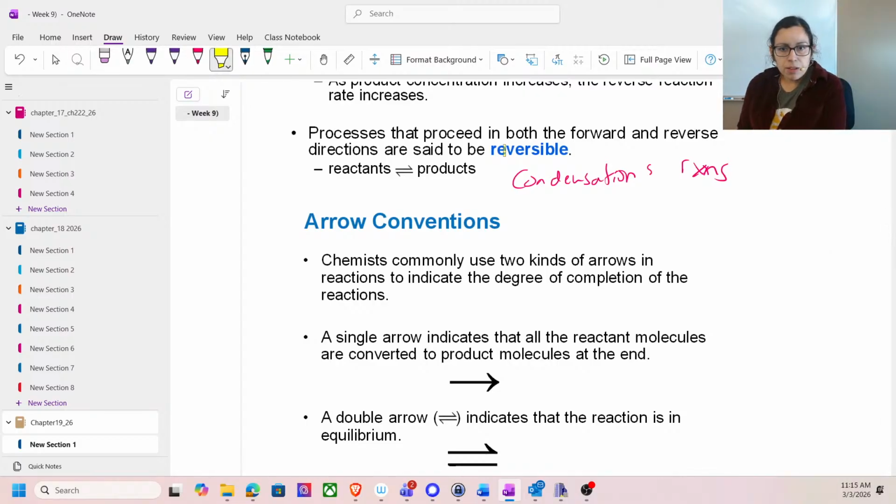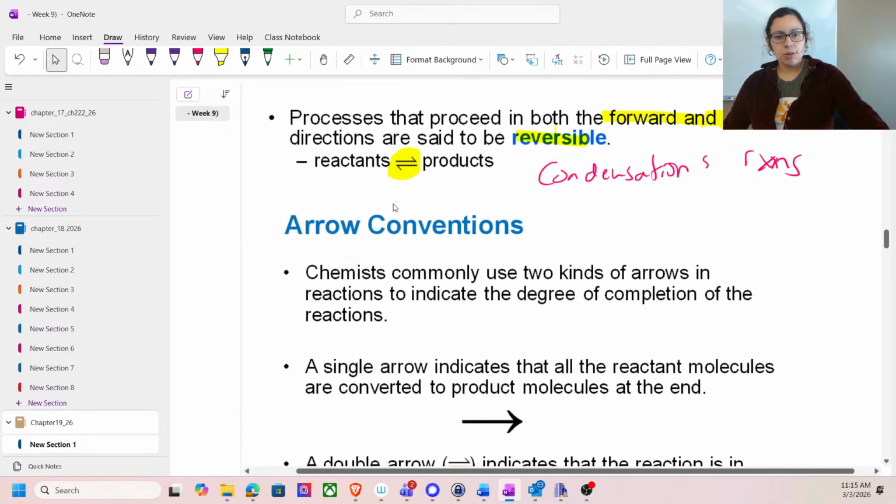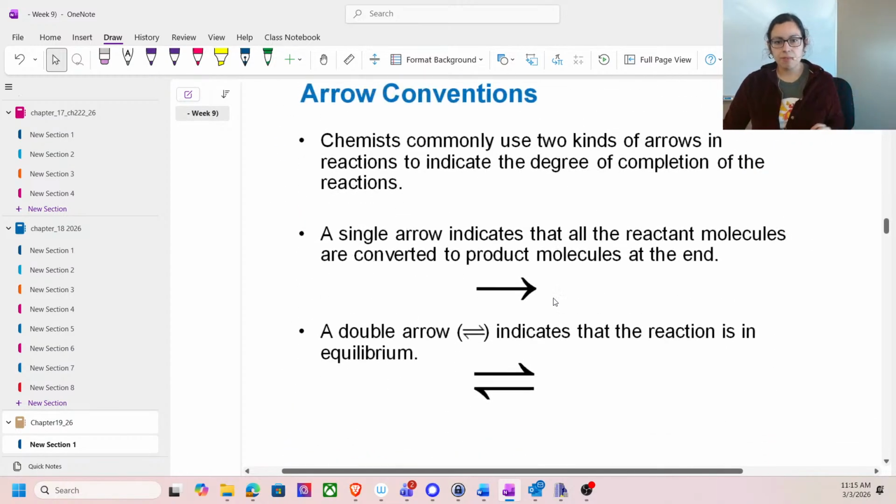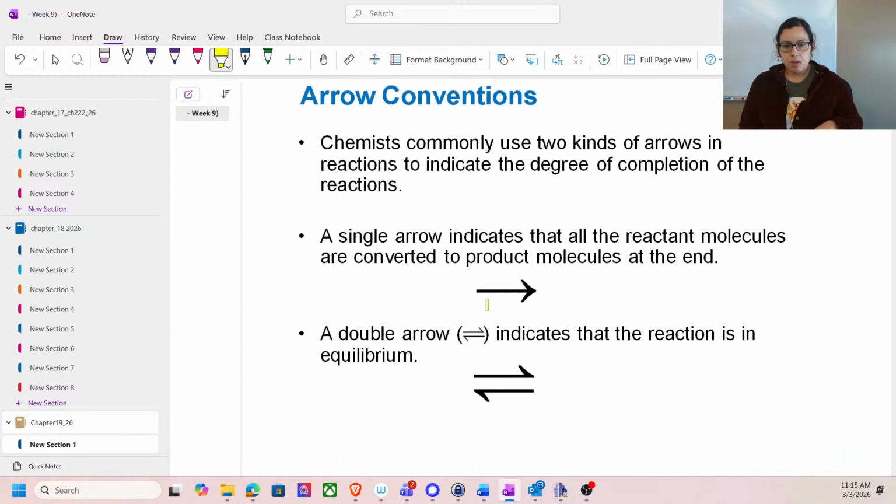And so again, we're looking at processes that occur in both the forward and reverse direction. And again, they're reversible as implied by these two half arrows. And then just a reminder of our arrow conventions. When we see the single arrow, like we've mainly seen in the past, we're indicating that most of our reactants are converted to products.